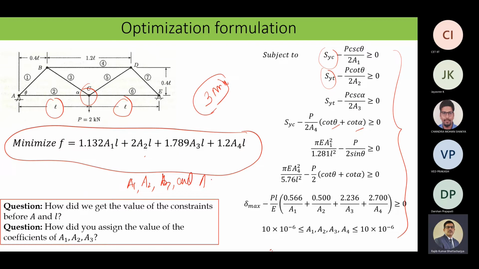These are the variables, and I have to calculate the values of A1, A2, A3, and A4. Now his question is: without knowing A1, A2, A3, how will you calculate this constraint?